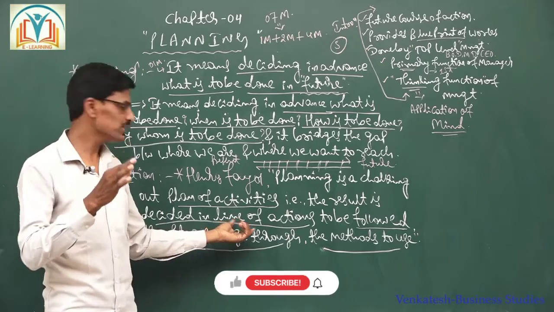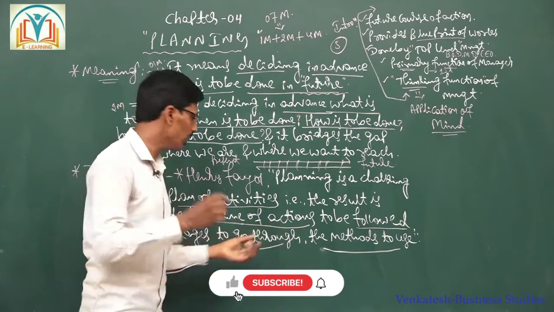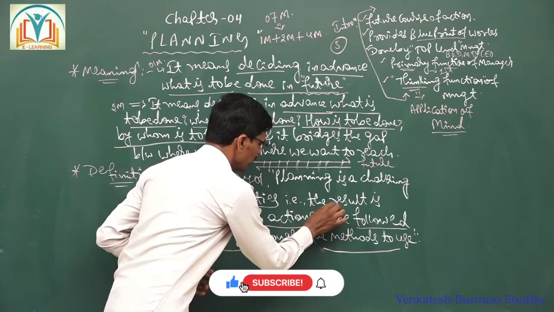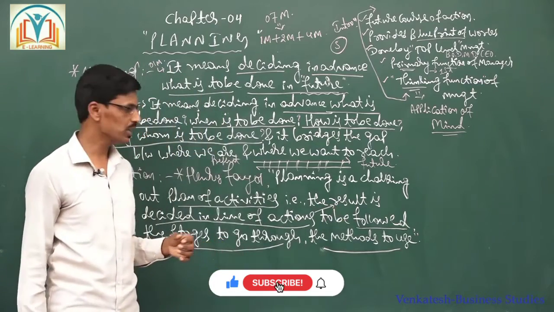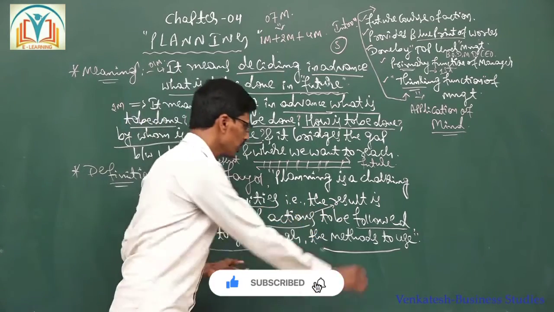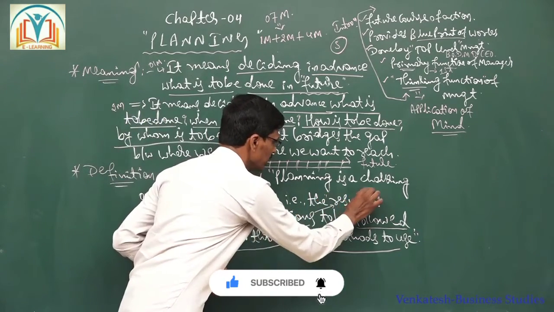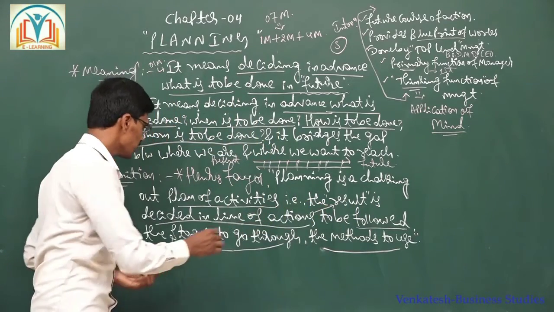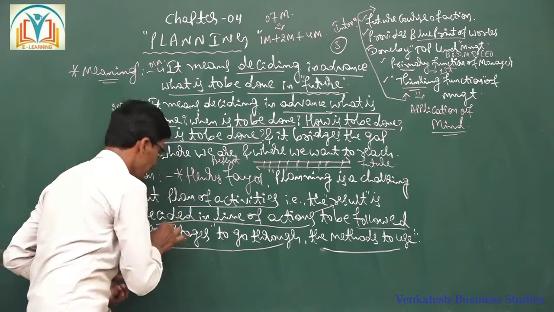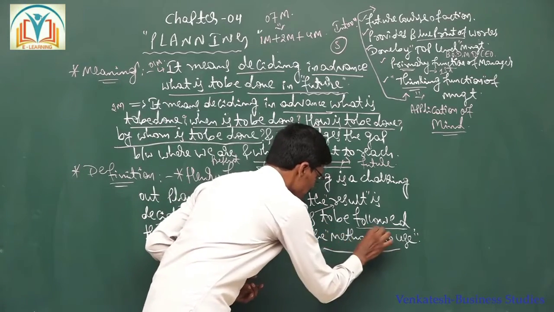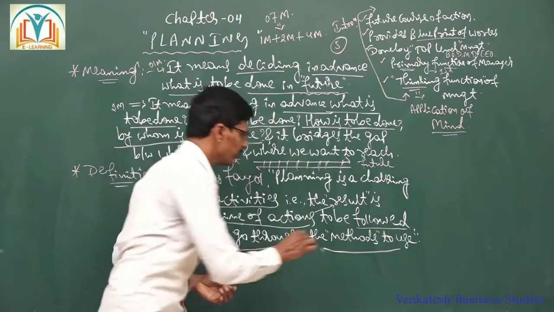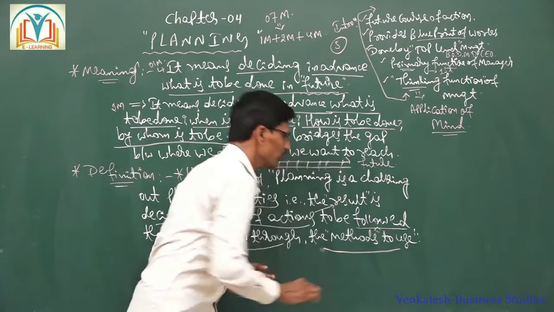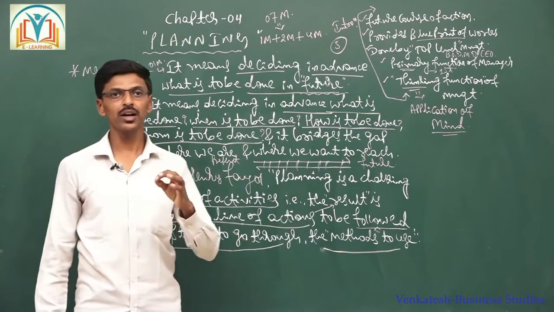Through the sequence of actions, we are going to achieve the organizational objectives, and while you are getting the result, what are the stages and methods that are to be followed, all those are to be decided in advance.